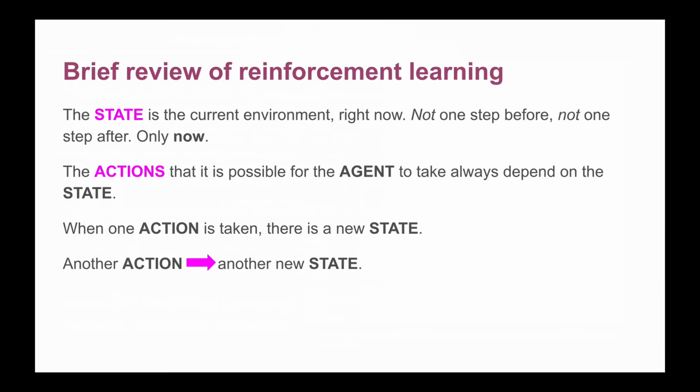Now, I do want to reiterate one crucial point about reinforcement learning, and that is the agent chooses its next move based only on the current state of the environment. As soon as an action is done, there is a new state. The actions available to the agent depend on the current state.